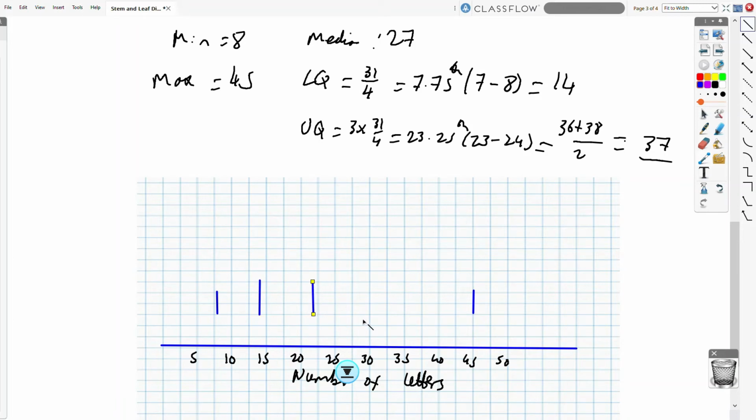And our upper quartile is at 37. And then let's just join these up. And then we finish drawing our box plot there.